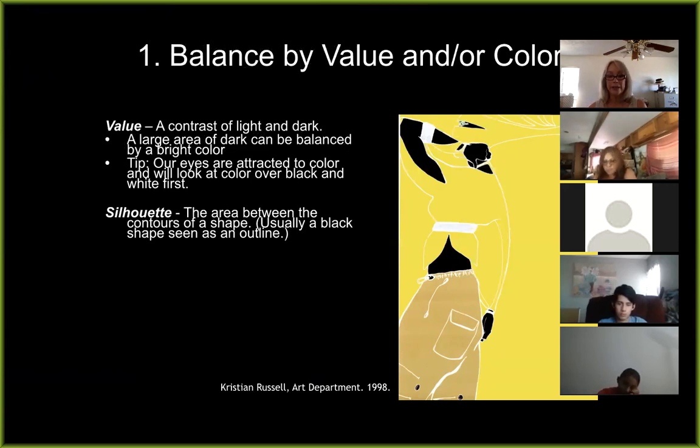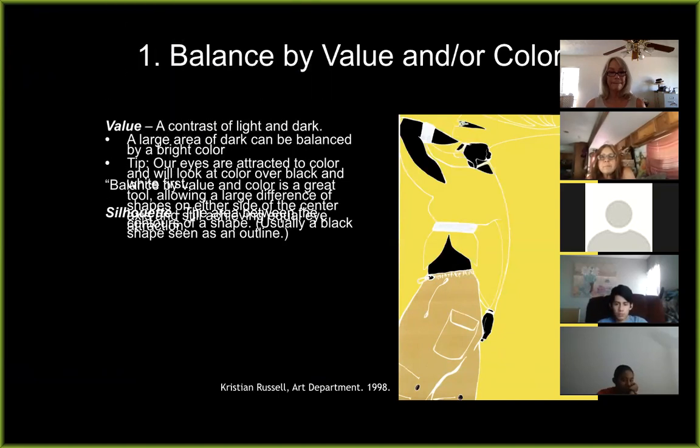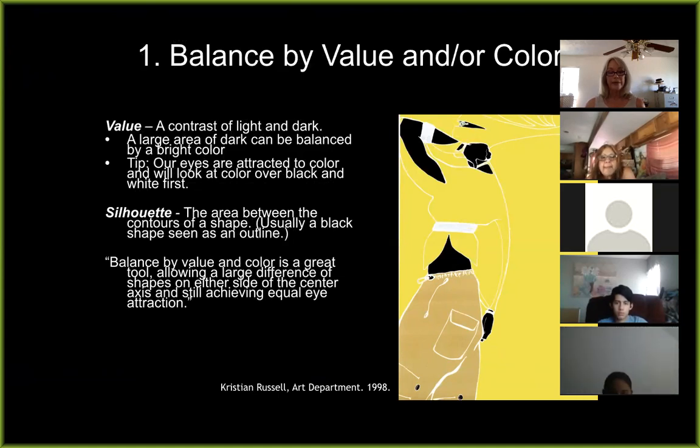But as you can see in this one, sometimes there are areas that might be considered negative space, but they are rendered in a really dark color, so they become more important in this particular composition than negative space or just background. If you learn to balance with value and color, you've got a great tool at your disposal, and you can do a lot with it in your designs.